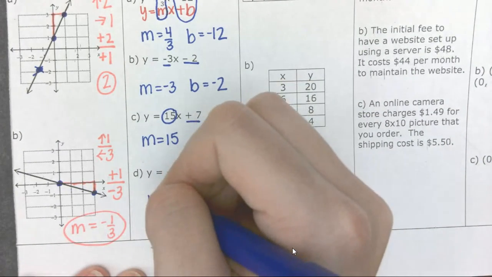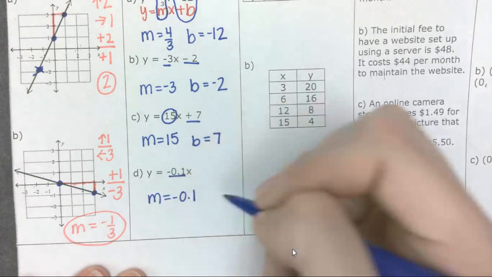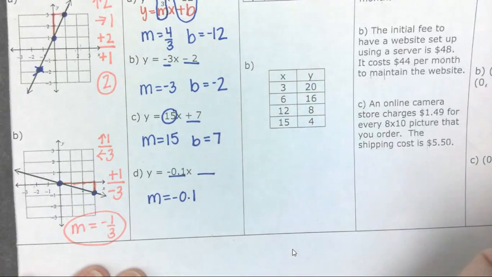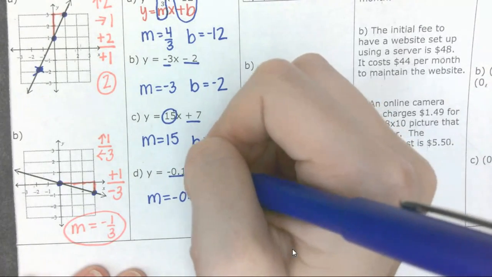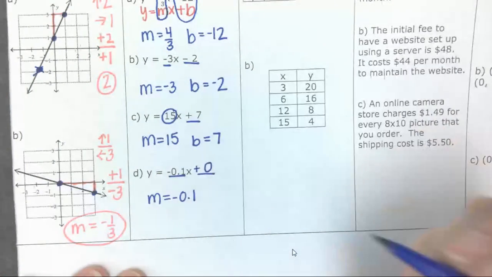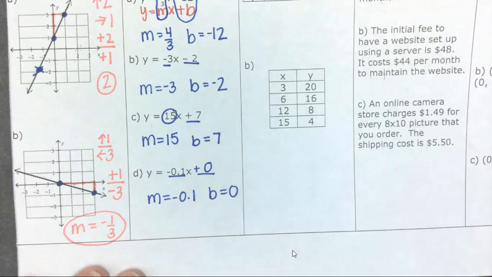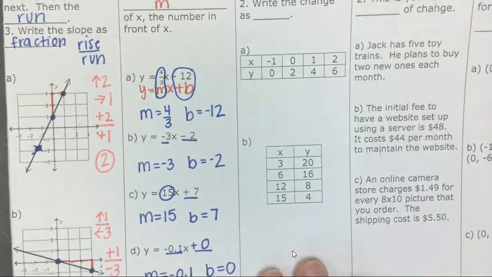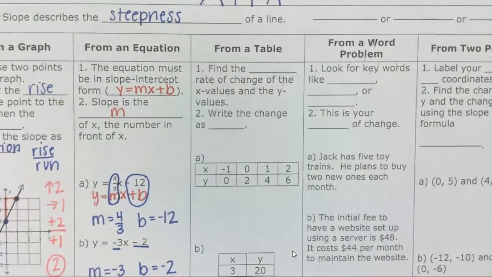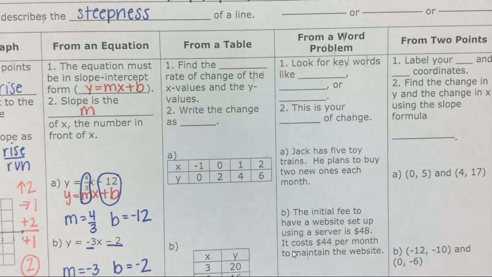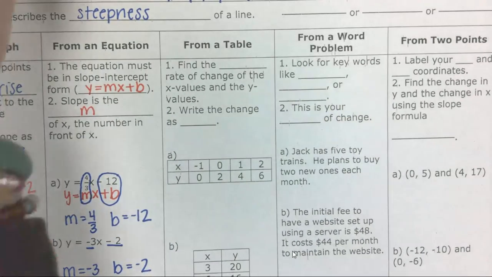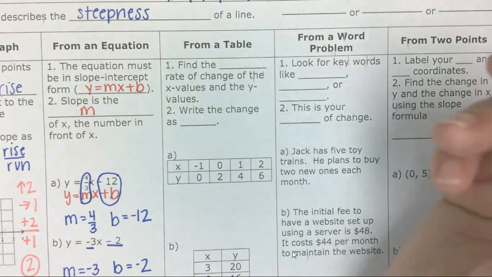My m is negative 0.1, but you'll notice there's nothing here. When there's nothing, it's like adding 0, which is why they don't write it. So my b is 0. So finding it from an equation that's in y equals mx plus b is pretty simple.